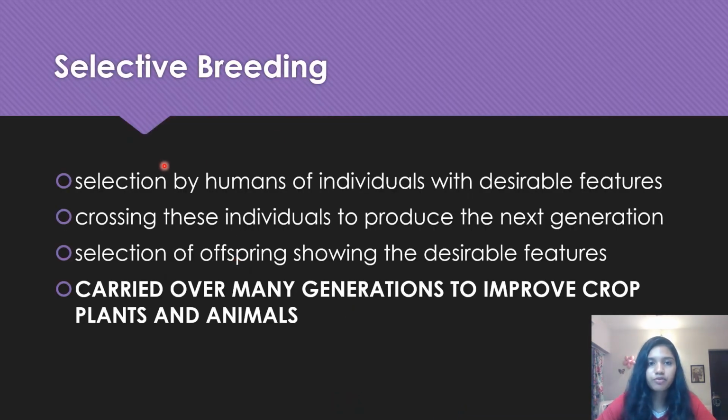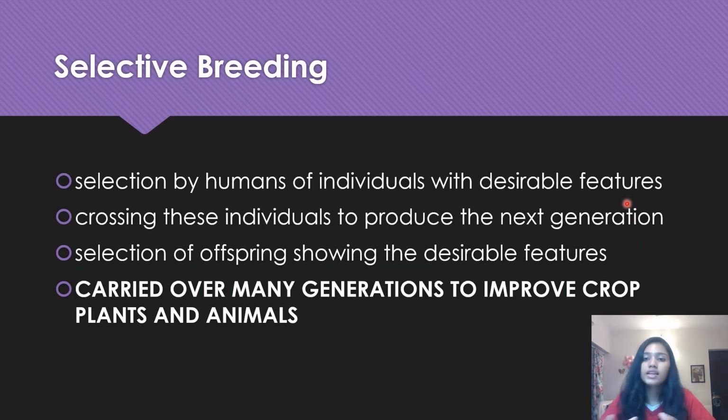And selective breeding. Okay, selective breeding is basically done by artificial selection. I already explained this to you. It is a selection by humans of individuals with desirable features like a sheep with thick wool, a sheep with short wool. It crosses these individuals to produce the next generation. Then it selects offspring showing the desirable features, that is, offspring with short and thick wool.